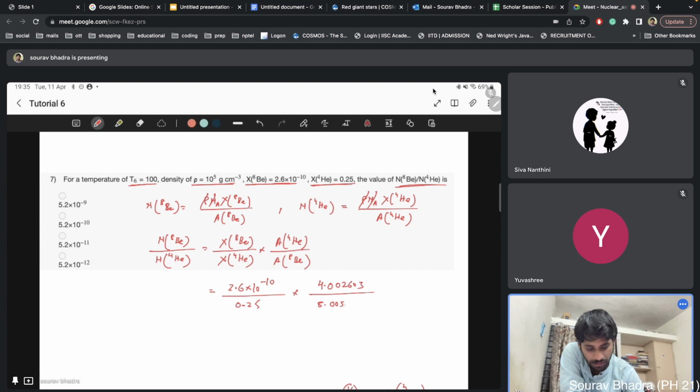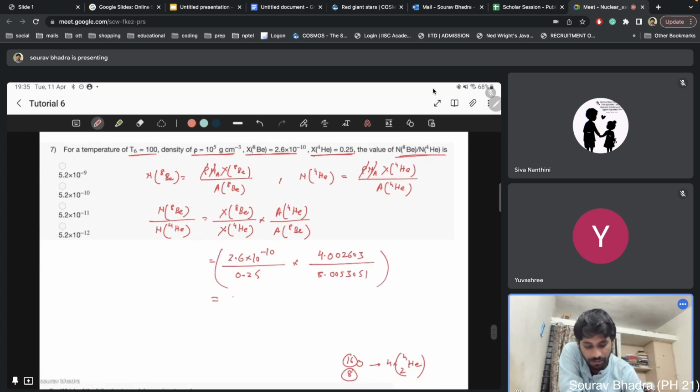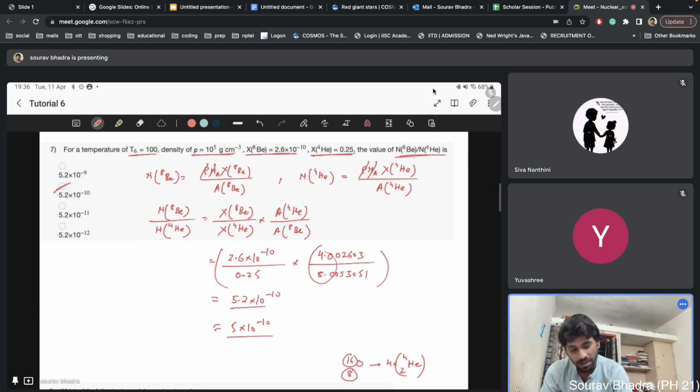That will give you 5.2 into 10 to the power minus 10. If you take 4 and 8 instead of too many decimals, you can see the options are an order of magnitude different. So instead of 5.2 you may get 5 into 10 to the power minus 10, but the order of magnitude will be the same. So for this question 4 and 8 itself is okay, not 4.002603.